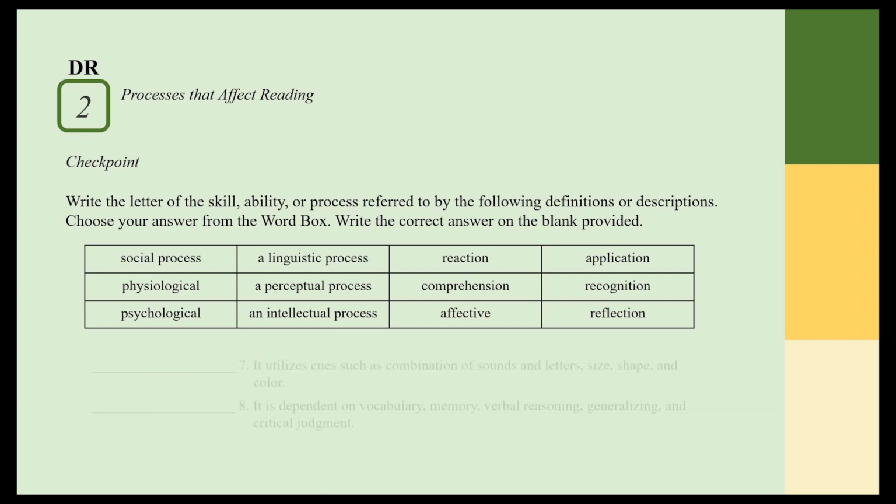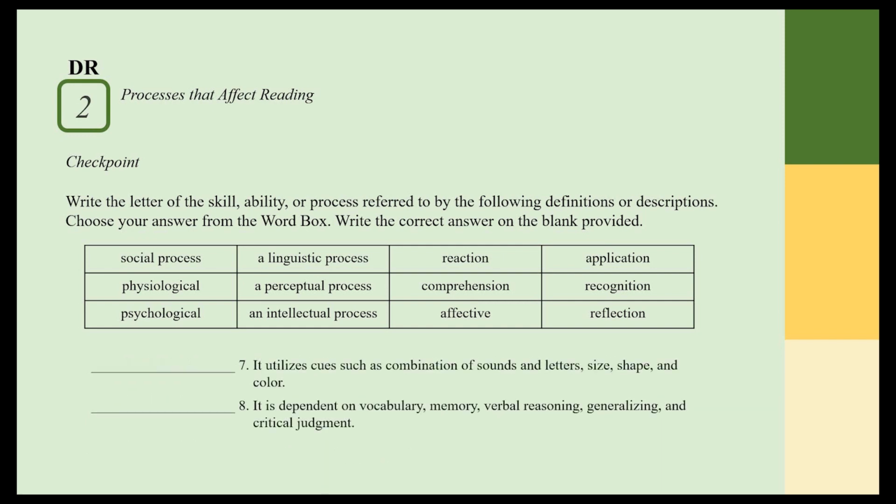Next items number 7 and 8, it utilizes cues such as combination of sounds and letters, size and shape, and color. Alright, it is a perceptual process. For item number 8, it's an intellectual process because what's involved there is vocabulary, memory, verbal reasoning, generalizing, and critical judgment.